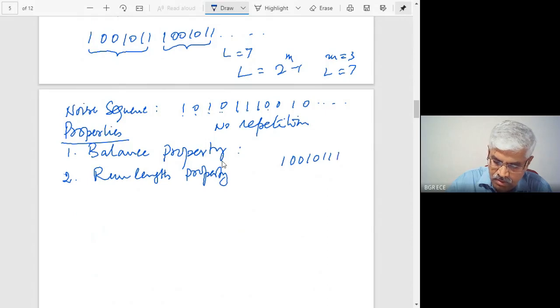Next is again 1 0 0. Afterwards it repeats: 1 0 0 1 0, and then goes like that.